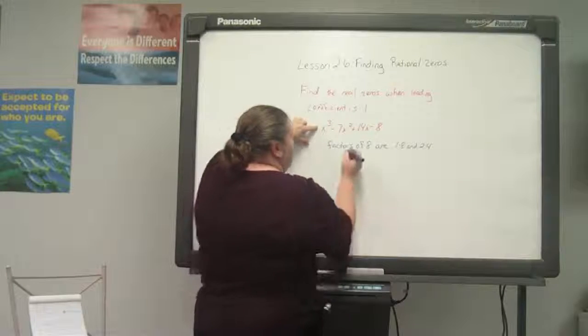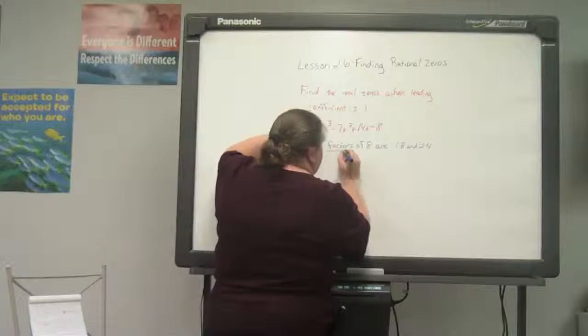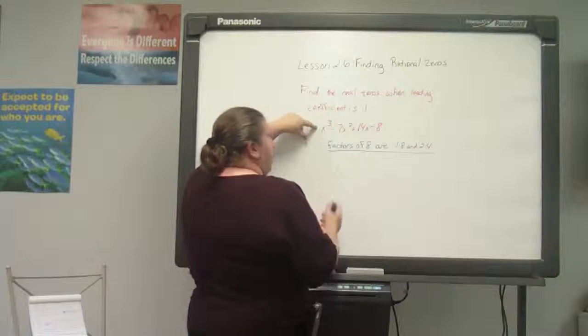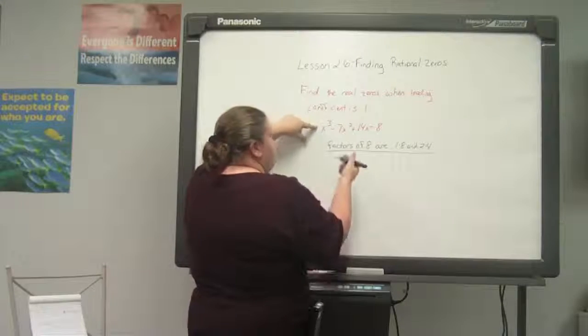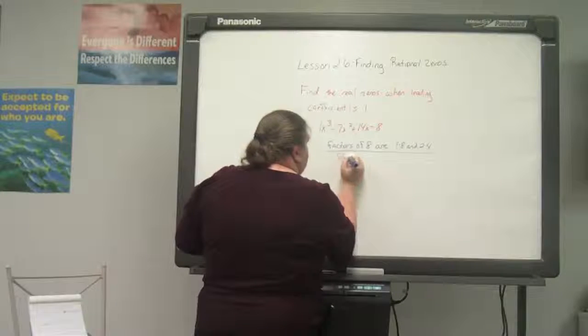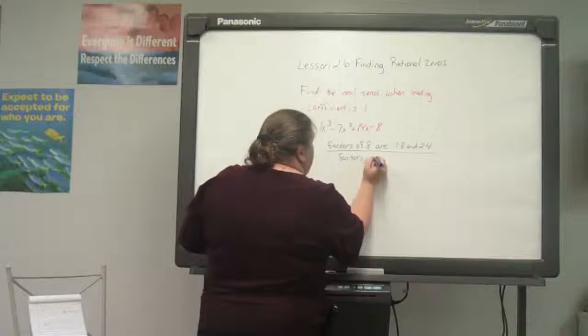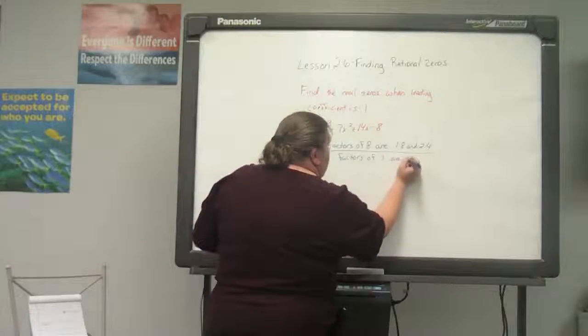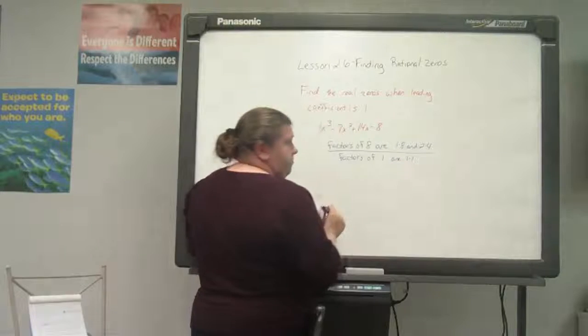Then, again, we have to have division. The factors of our leading coefficient, and again, this would be a 1. So the factors of 1, they are 1 times 1.